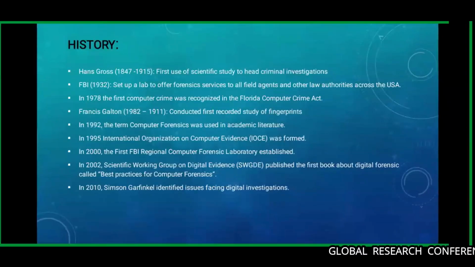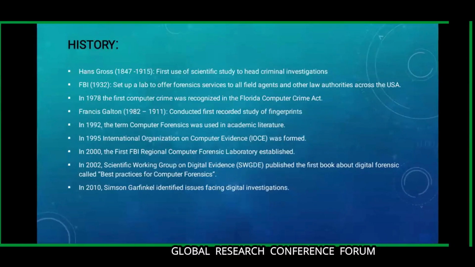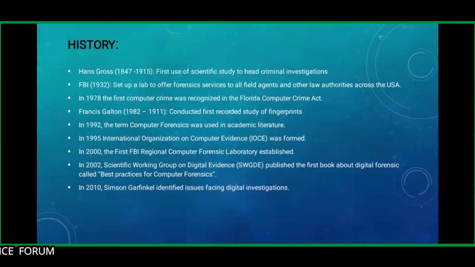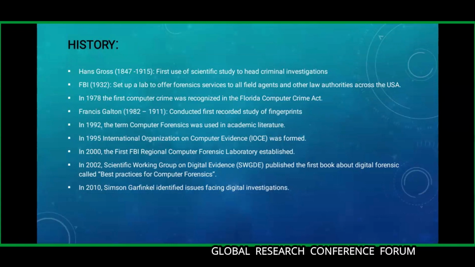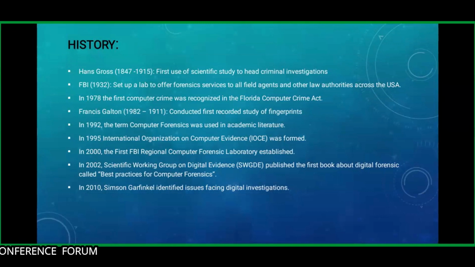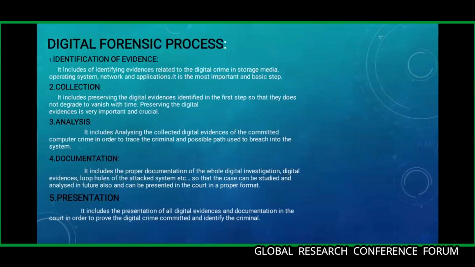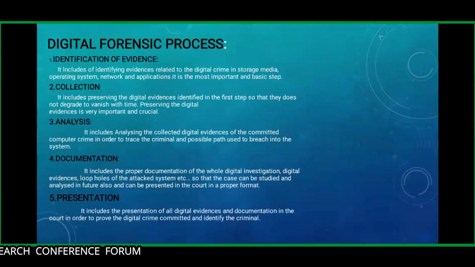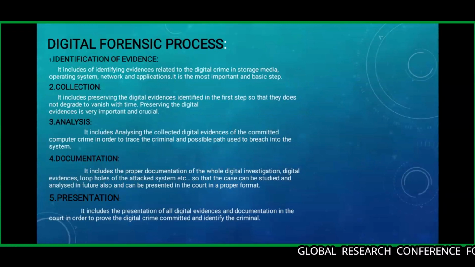It includes analyzing the collected digital evidence of the computer crime in order to trace the criminal and the possible path used to breach the system. Documentation. All the audios, images, and videos are documented so that it is easy to provide them in court. The next is presentation. It includes the presentation of all digital evidence and documentation in court in order to show the digital crime committed and identify the criminal.